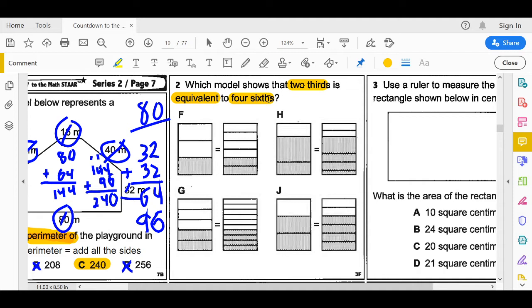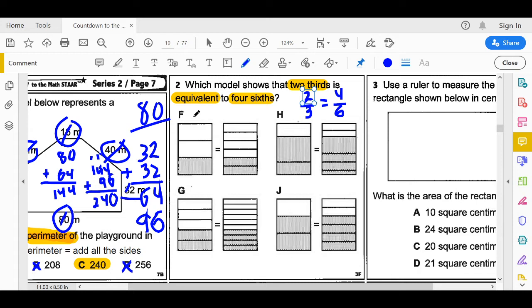So I will need to get a diagram here, a model. One side is going to show 2/3, 2 out of 3. So I'm going to put it here, 2/3, 2 out of 3, is equivalent, is equal to 4/6. So 4 out of 6, 4/6.